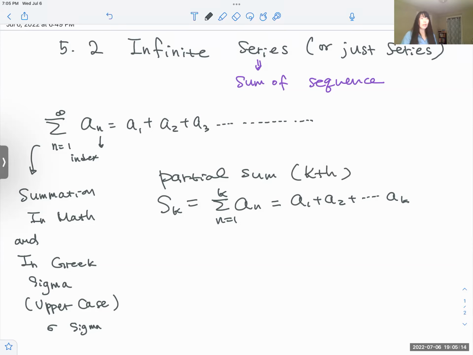All right, then if we say that the partial sum converges to some number, then we can say that the whole series converges to the number, okay? So let me write down.